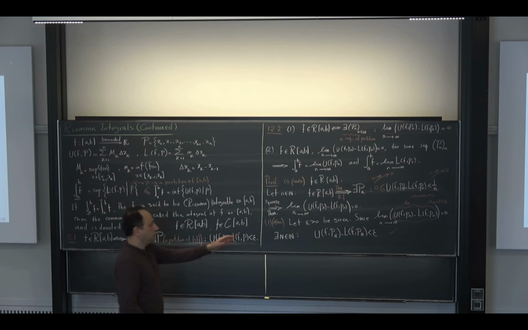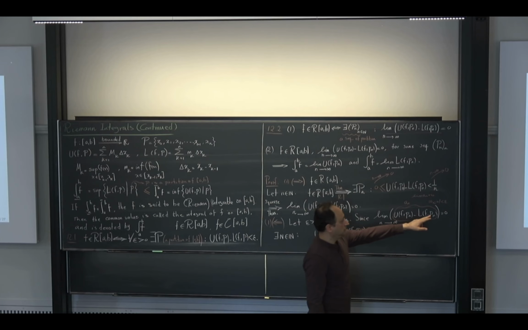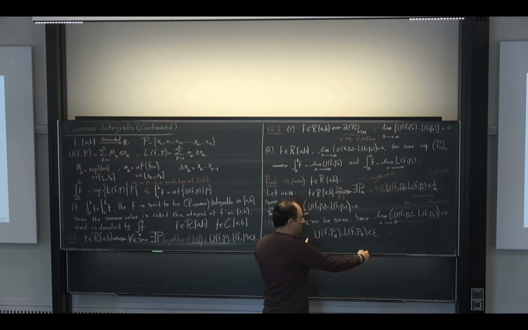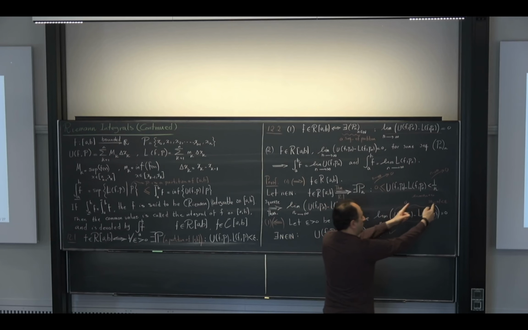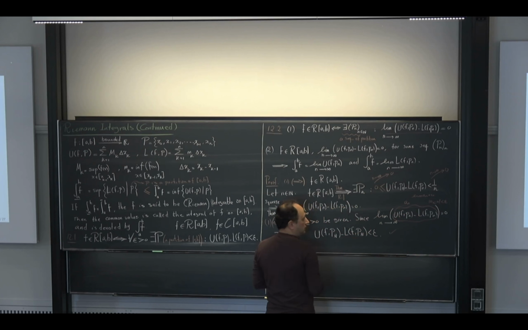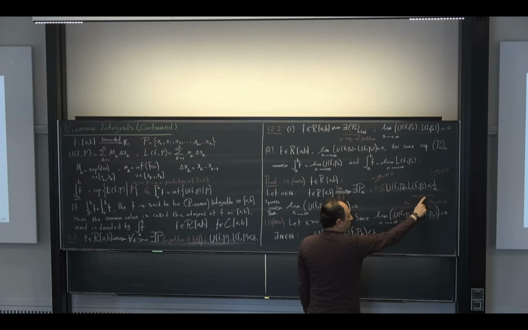That's because the limit of a sequence is 0. There is no need for absolute value here because this difference is always non-negative. That is why you don't see that absolute value here. And when I say that the limit of my sequence is 0, what does it mean? It means for every epsilon greater than 0, I can find an N such that if n is greater than or equal to N, then this is granted.